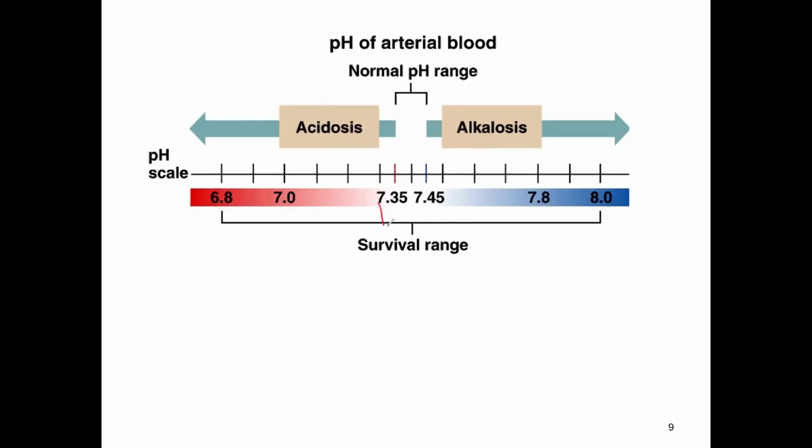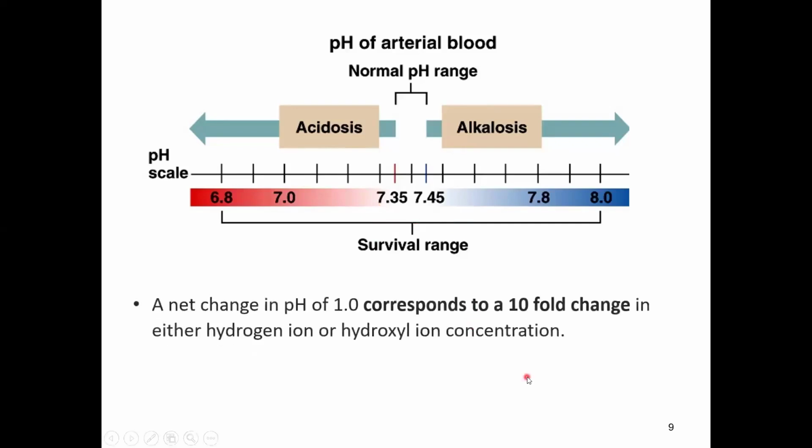Moreover, if there is a net change in pH of 1, it corresponds to a 10-fold change in either hydrogen ion concentration or hydroxyl ion concentration.